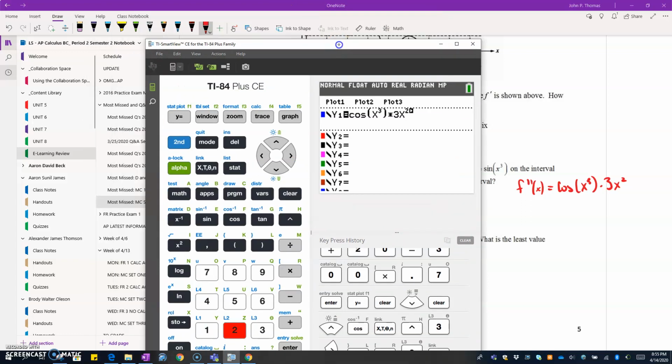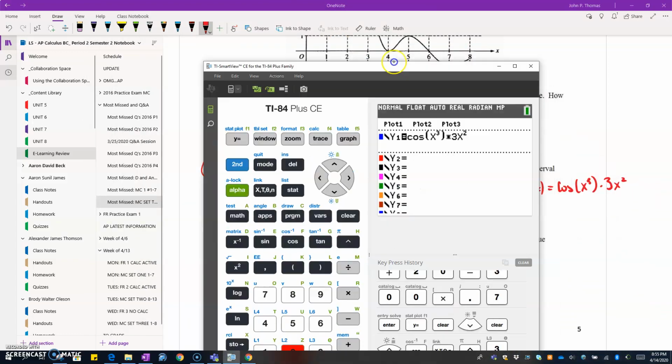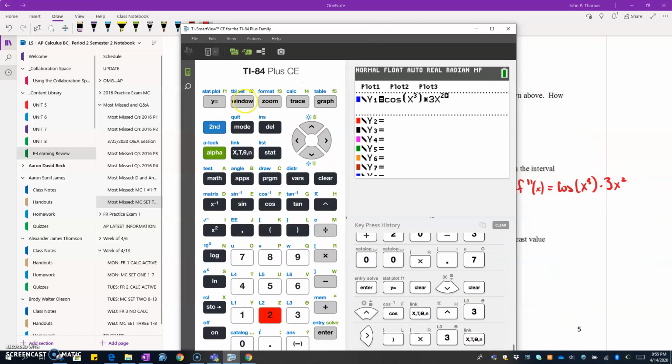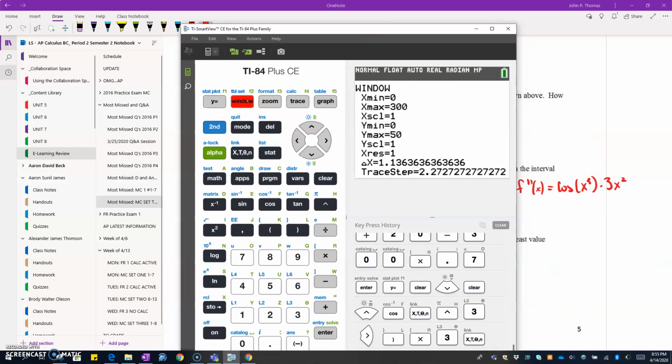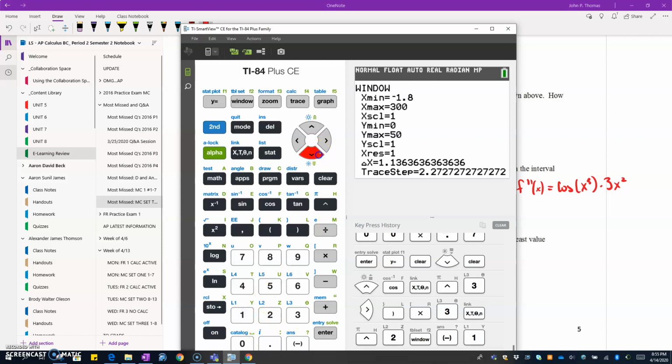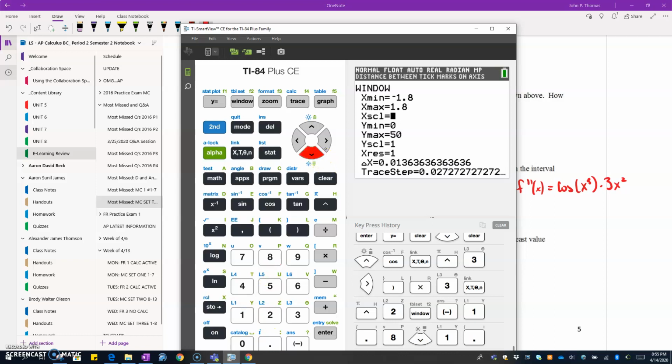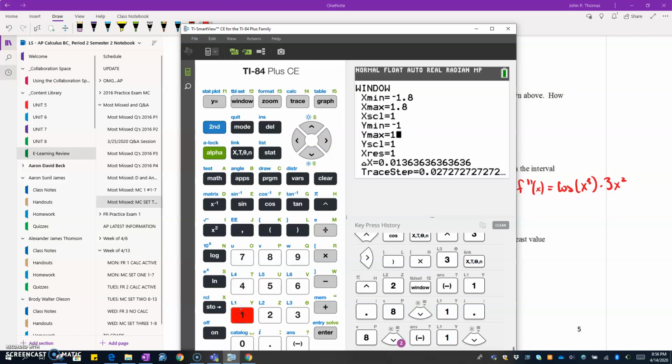It said on the interval from negative 1.8 to 1.8. So I'm going to go ahead in my window. I'm going to set my x min negative 1.8, my x max 1.8. Alright, I'm curious about when I have a sign change, so I'm going to hone in right on the x-axis and go maybe just like a negative 1 to a 1 for my y min and max.